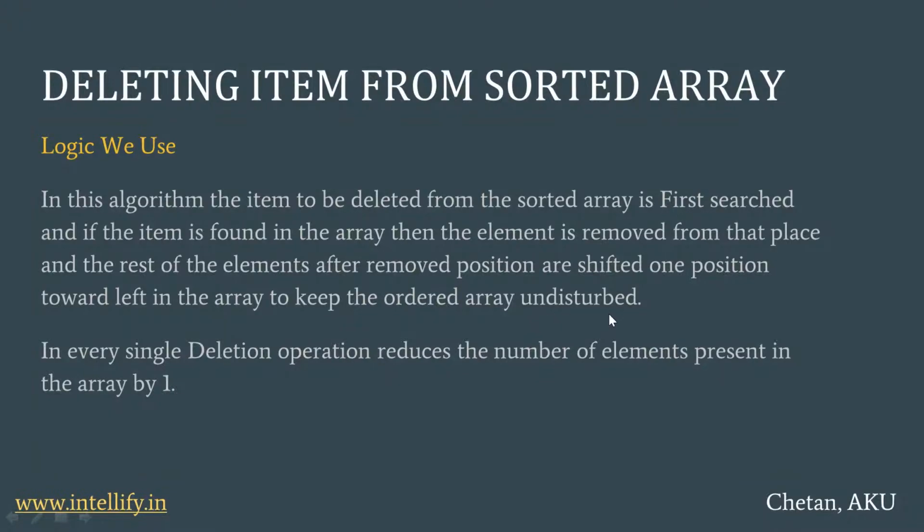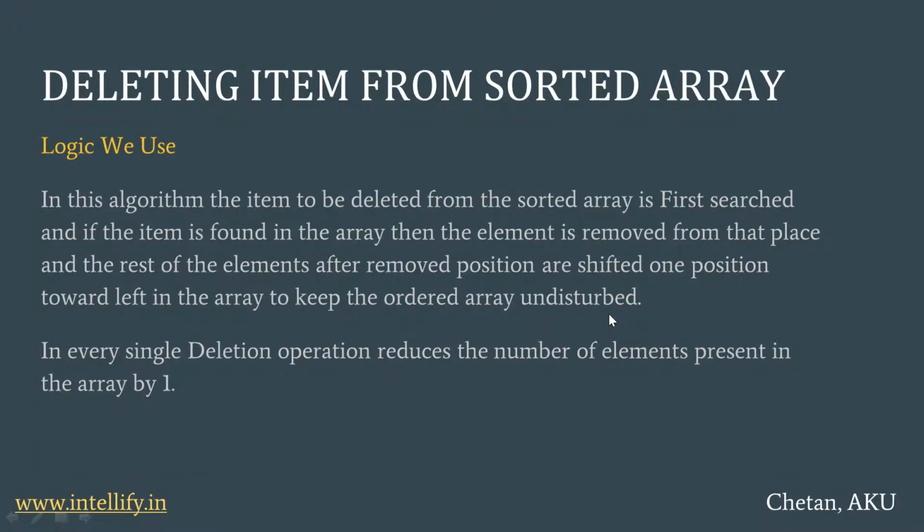The first thing is that there are three steps. First is the element we want to delete from the array; we search for it in the array. Second, after searching or getting the position of that element, we remove that element from that place. Then after removing that element, that place is now vacant.